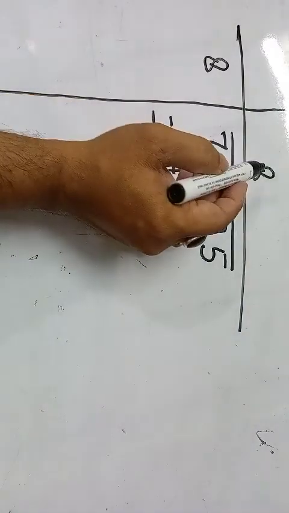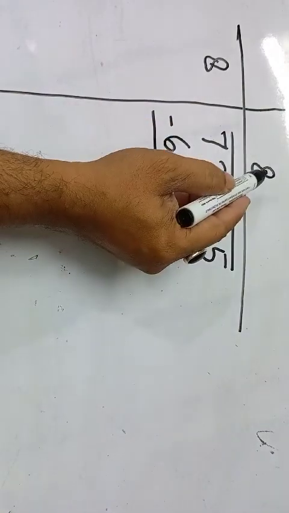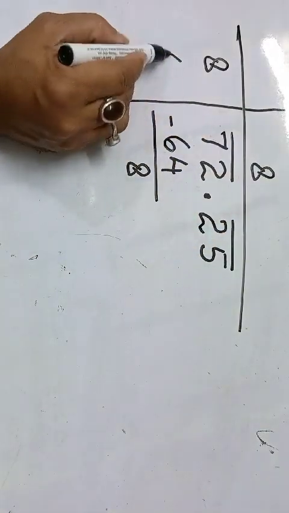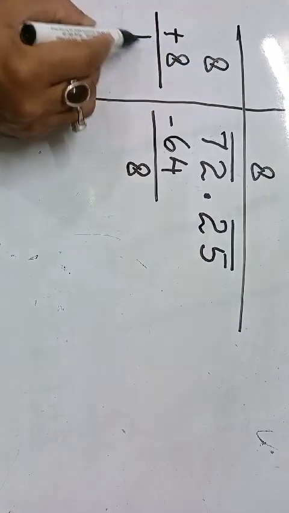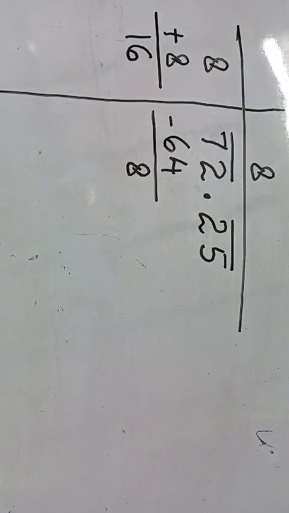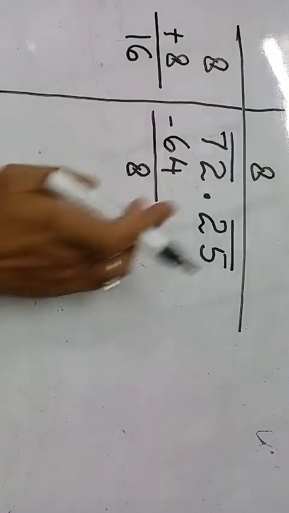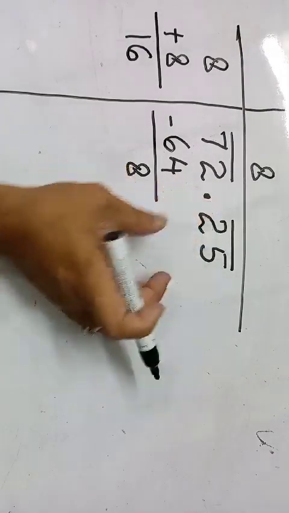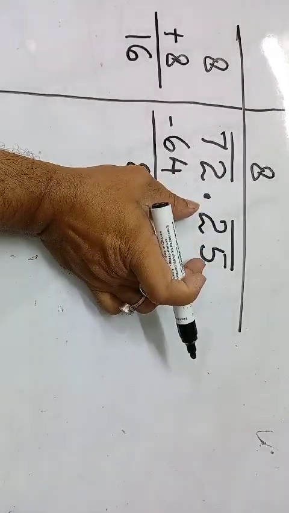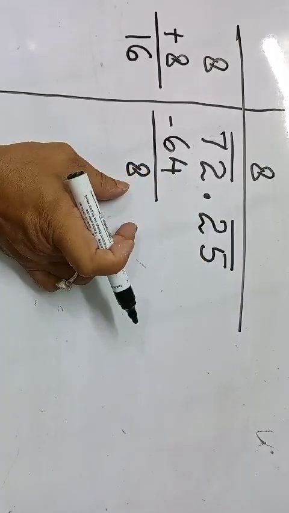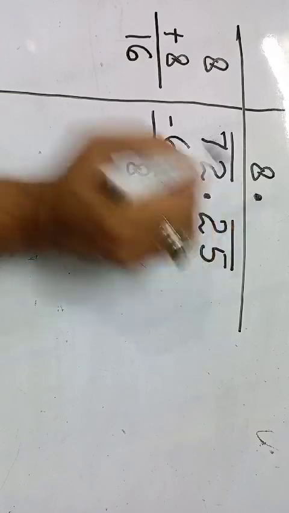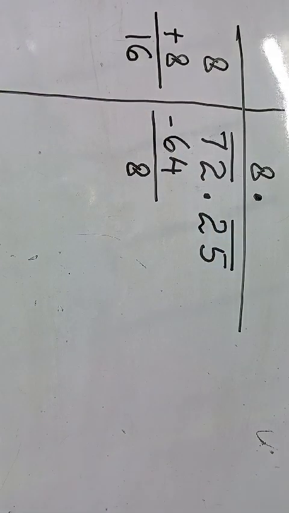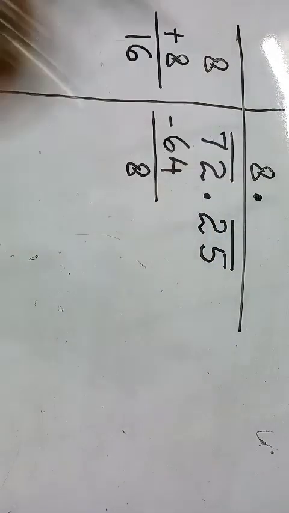And remember, once you have multiplied, you need to bring this 8 down here and add. So you have 8 and 8 adding up to 16. Now had this decimal not been here, I would have brought these two digits, 25, down here. But since there is a decimal over here, I will put that same decimal here at the top, in the quotient.